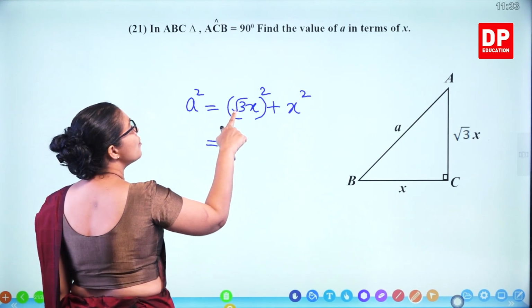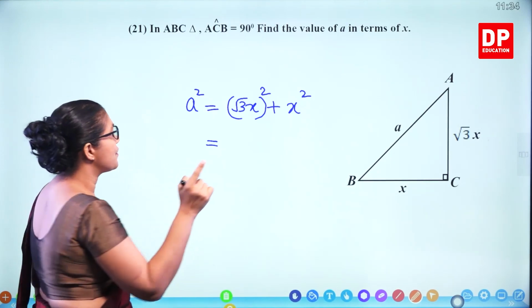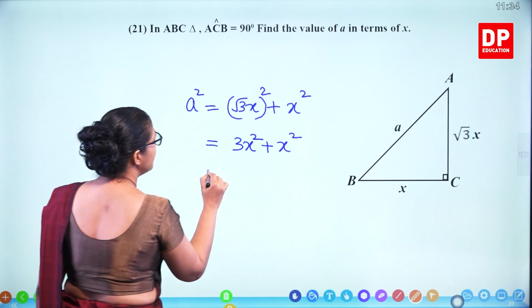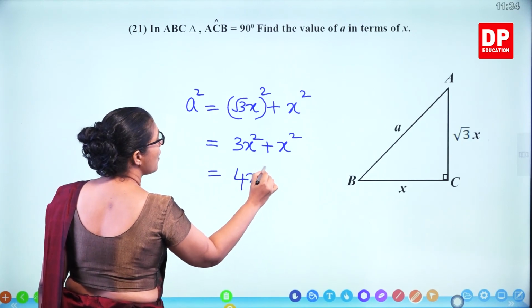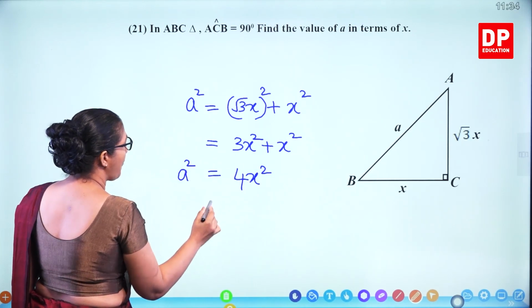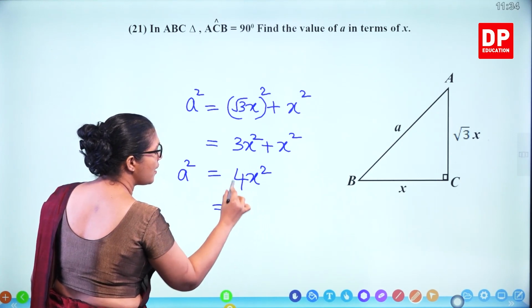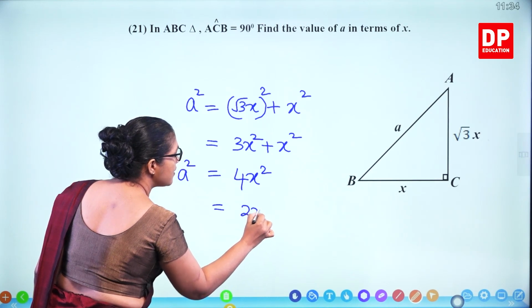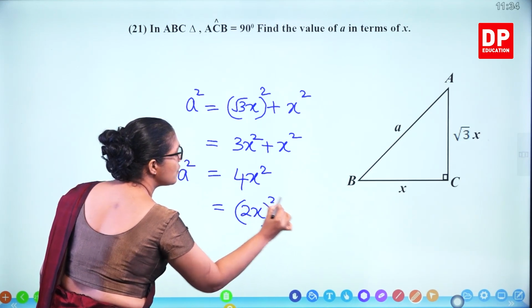Root 3 times root 3 is 3, so 3x squared and x squared. So 4x squared is A squared. Now I can write 4 as 2 squared, so I can write this as (2x) squared.